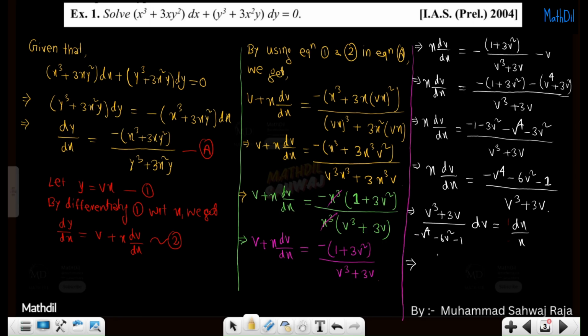So see, by multiplying both sides with 4, let me write in the next page. Okay, so see, by multiplying both sides with 4, what will we get?